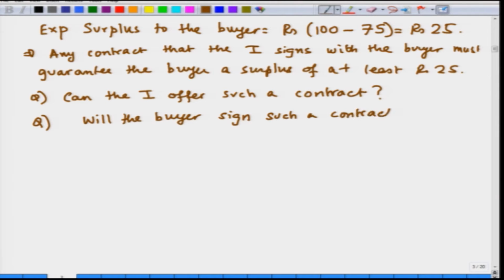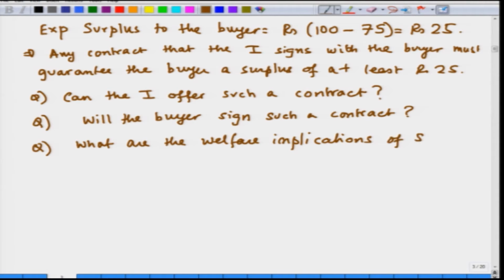And the third thing that we will ask is, what are the welfare implications of such a contract?